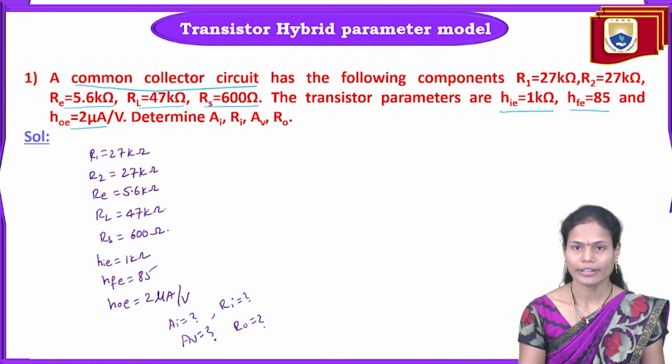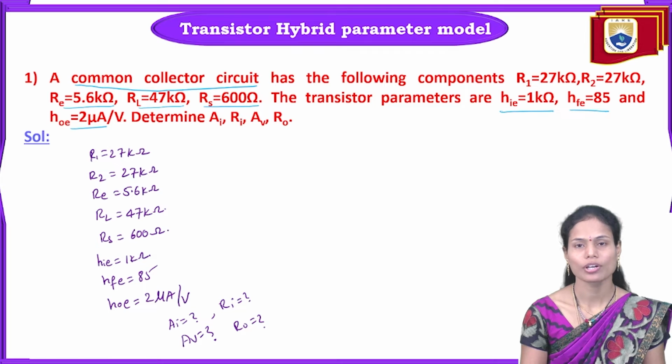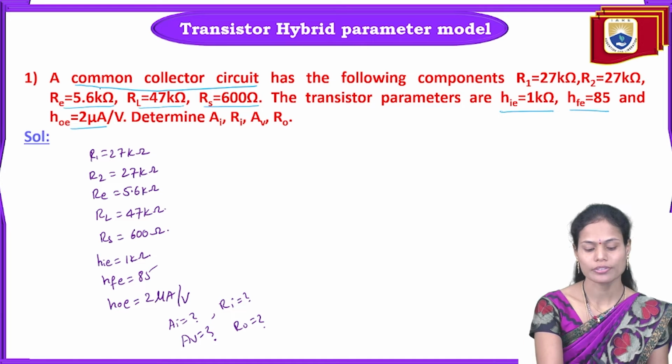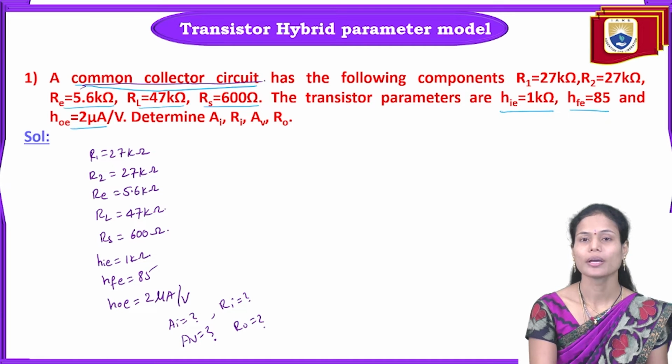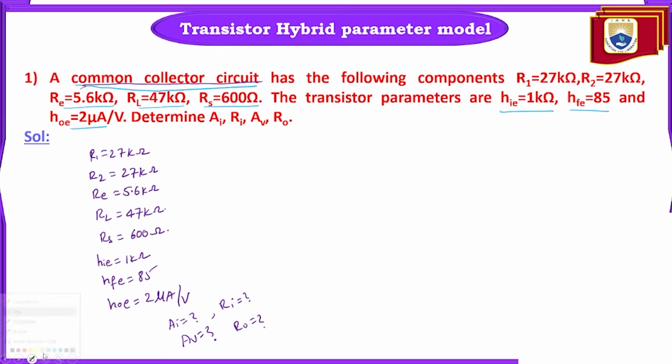To solve this problem, first of all, I am drawing the common collector circuit by utilizing these given parameters. This is the base, collector and emitter terminals, and the two resistances are given, R1 and R2. So I am keeping the two resistances first.